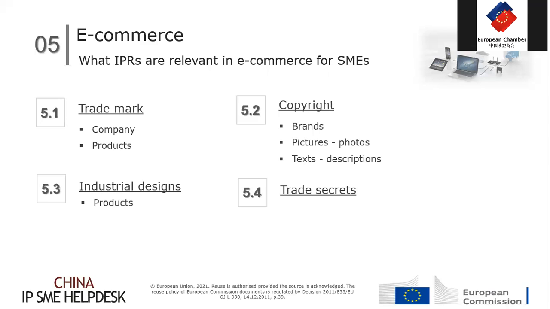Another important intellectual property right is industrial designs. As I mentioned, design patents are the ones that protect the aesthetic aspects of a product. How do they look? Again, if they protect how they look, we will be able to protect our products from those made by competitors and offered online.